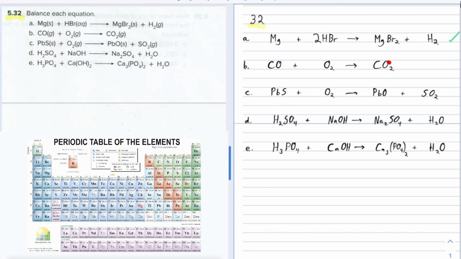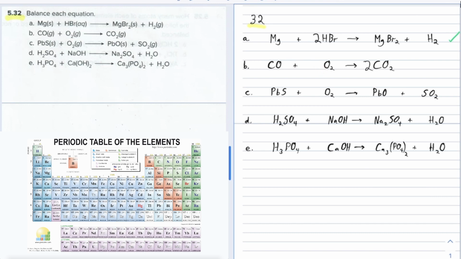Okay, so you got 3 oxygens on the left, 2 oxygens on the right. Normally you want to bring the lower up to match the higher, but in this case, if you put a 2 here, well, what that does is that gives you 4 oxygens on the right, and now you have 3 oxygens on the left.